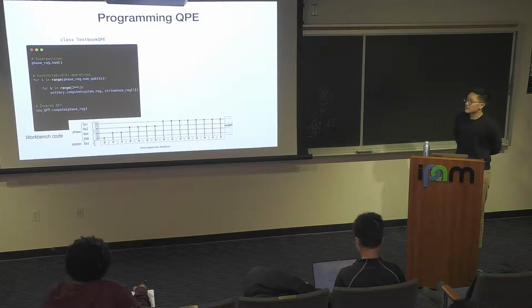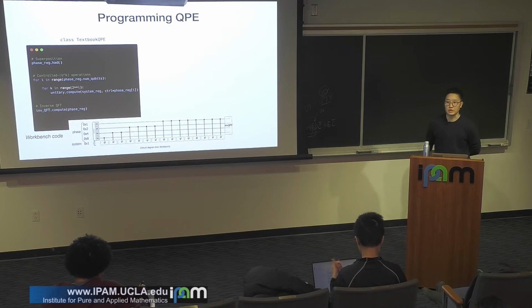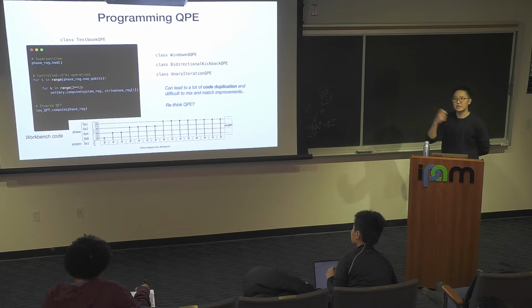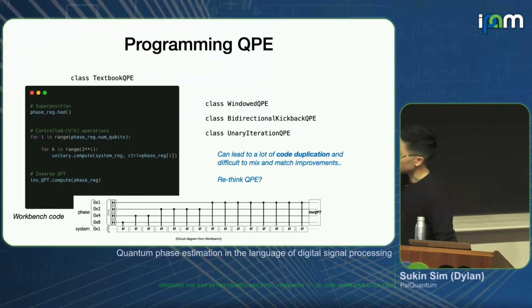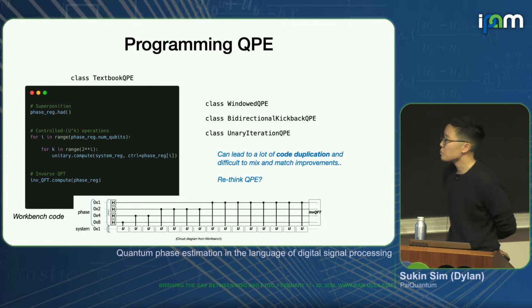However, using such a structure of code, it doesn't give me a lot of room to incorporate the improvements that I've just shown in the previous slide. This would force me to rewrite phase estimation each time to incorporate changes, like windowed phase estimation or bidirectional phase kickback phase estimation, et cetera.